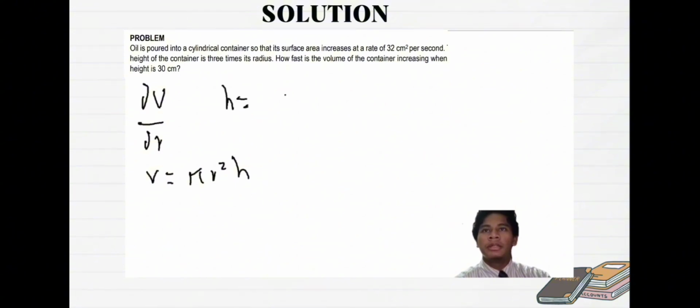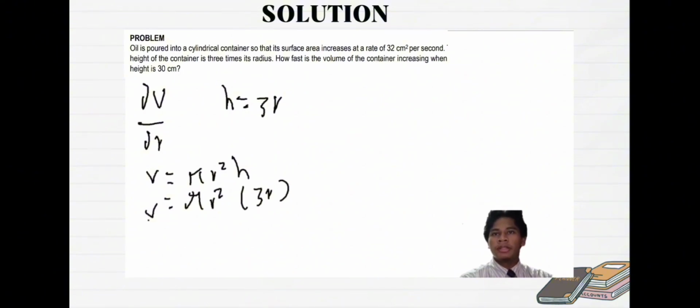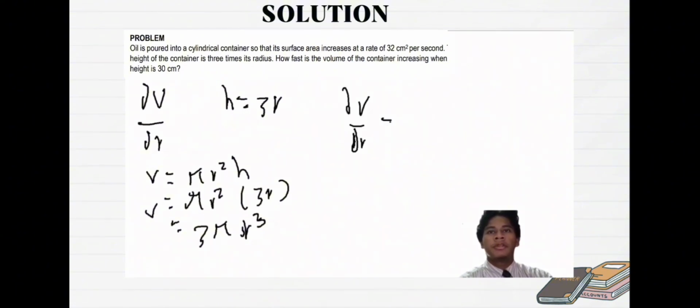We can use the equation from earlier, h equals 3r, and substitute it in to get pi r squared times 3r. So it'll be 3 pi r cubed. Then we just need to differentiate the equation, so it'll be 9 pi r squared.